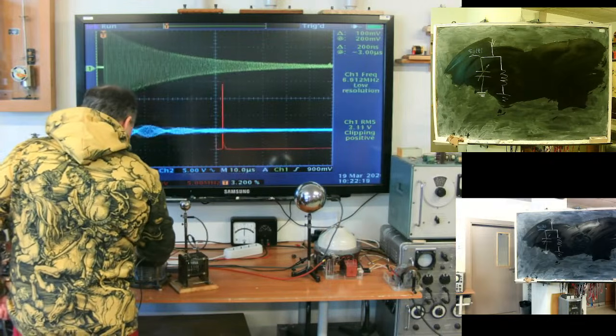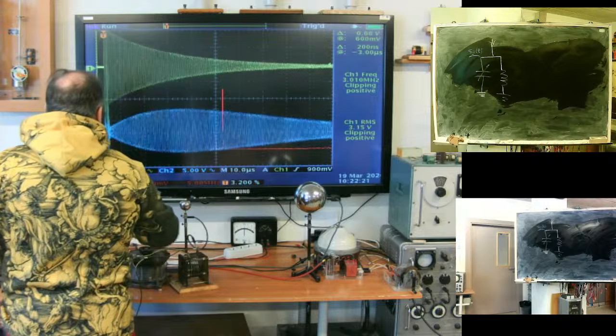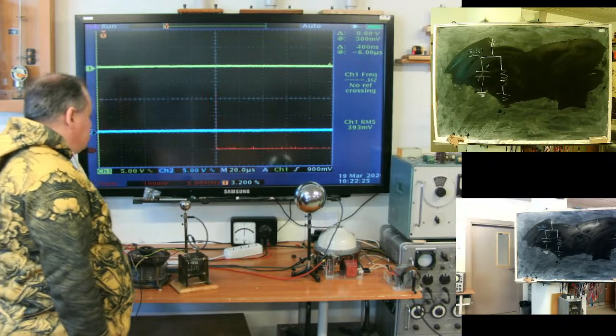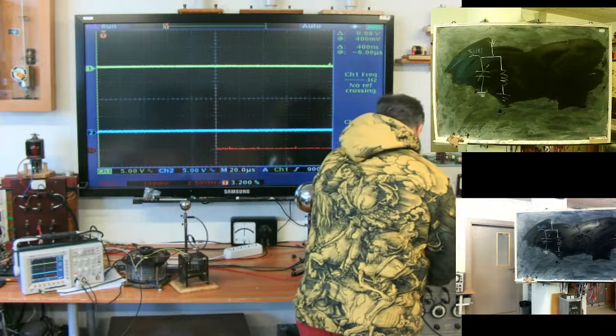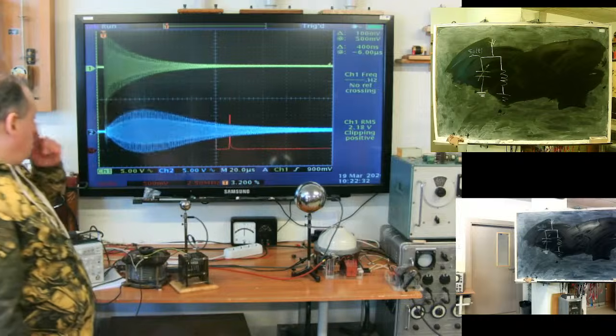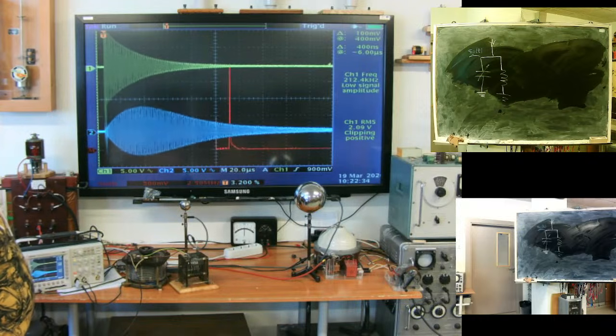Let's see. Well, yeah, here it is. Do you see what I see?